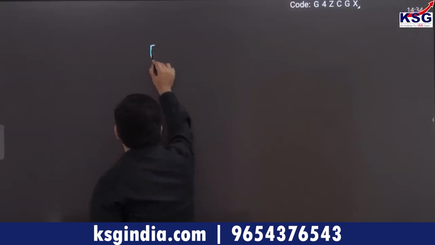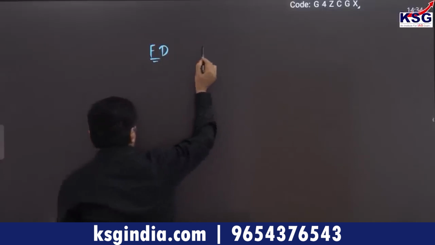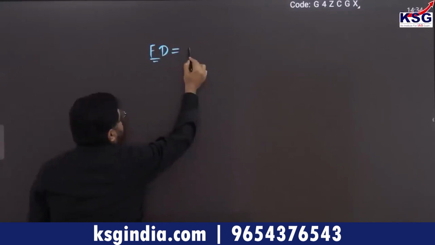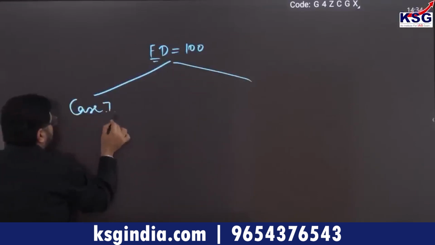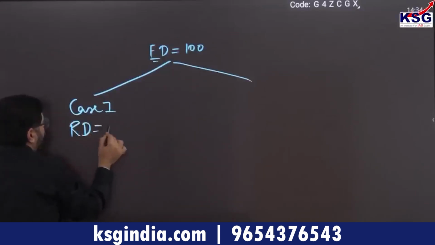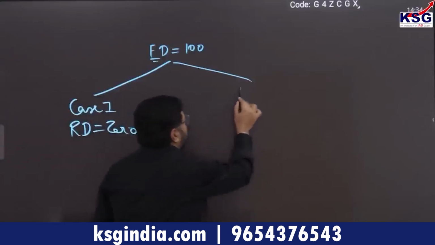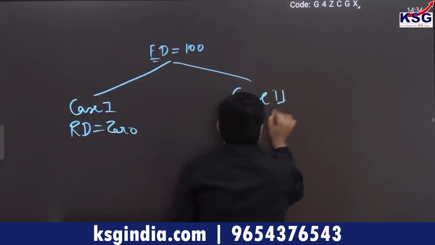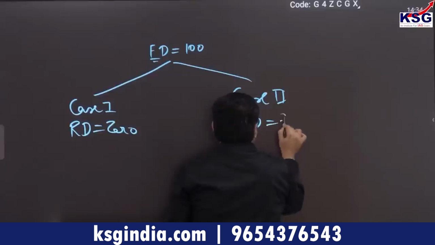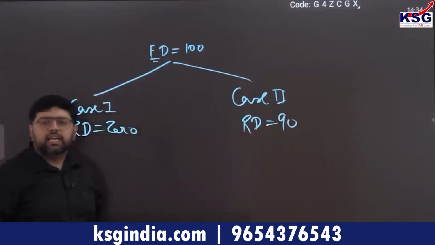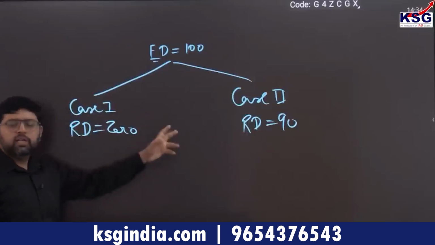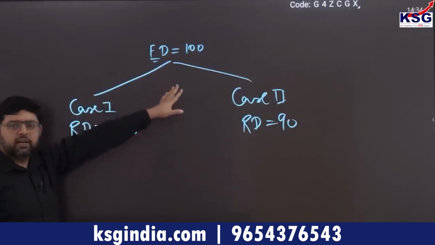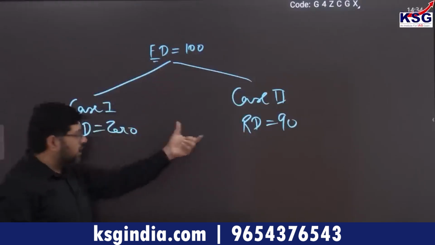Suppose, as a hypothetical number, FD is 100, and in case 1 RD is 0, and in case 2 RD value is 90. Assuming FD is the same for both cases, which case is good for the economy, case 1 or case 2?